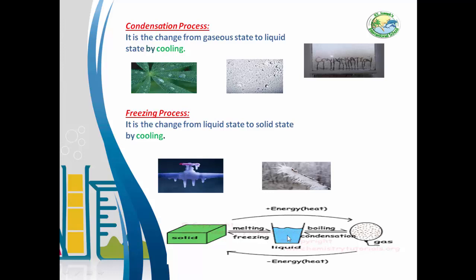Liquids can change into gas by heating, and this process is called evaporation. The gas can change into liquid by cooling, and this process is called condensation. And finally, the liquid can change into solid by cooling, and this process is called freezing.